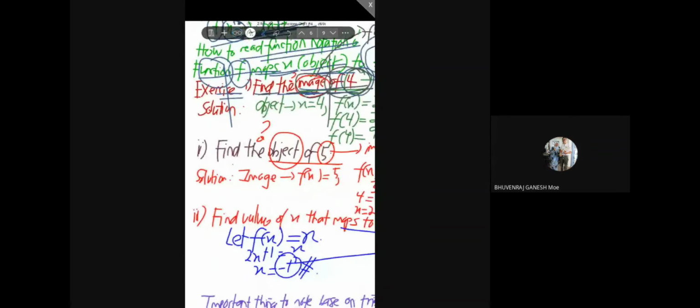You stop here. Don't read further on. They ask you to find the image. It means whatever is at the back here is definitely going to be your object, because they asked to find the image already. If image is going to be represented by f(x), of course, in this case, because the function I gave on top here is f(x) equals 2x plus 1. So that is your image.